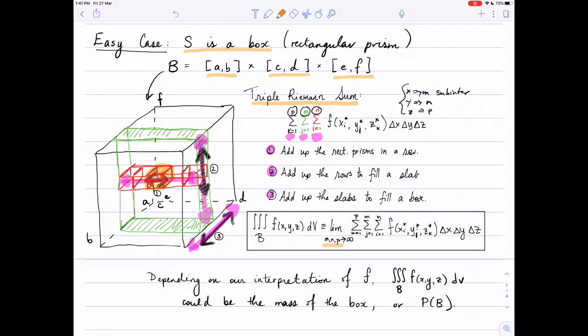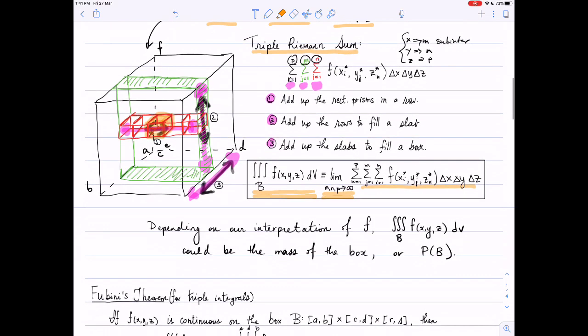So here, if we take the limit as m, n, and p go to infinity of that triple Riemann sum, then you end up having not an approximation, but that is the definition. That's the definition of the triple integral over that box B: the limit of that Riemann sum, if that limit exists.